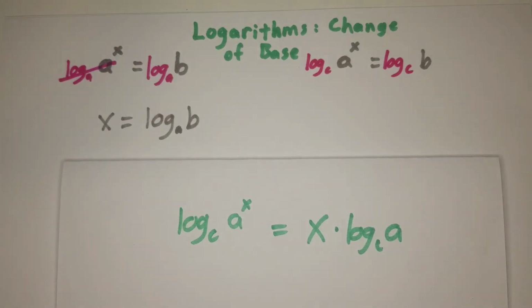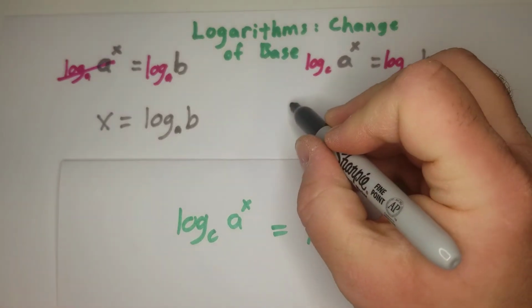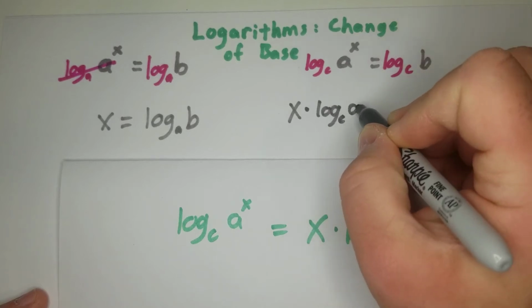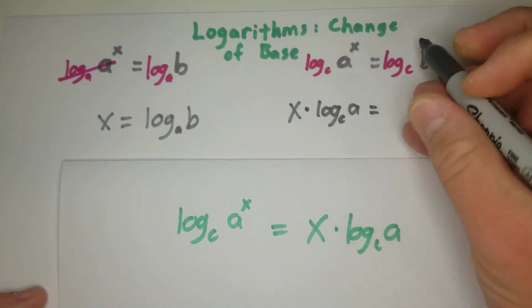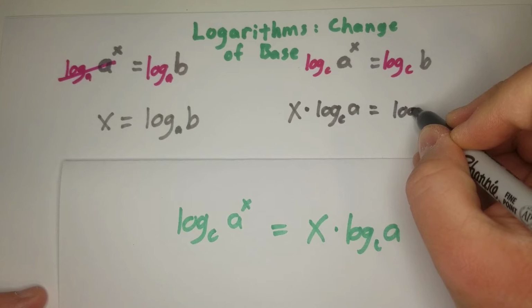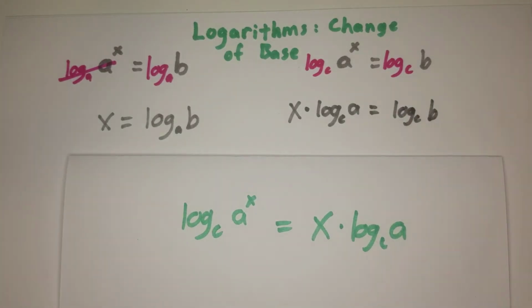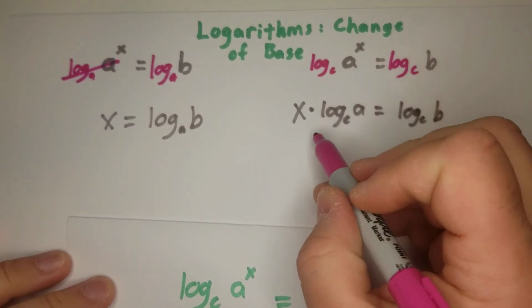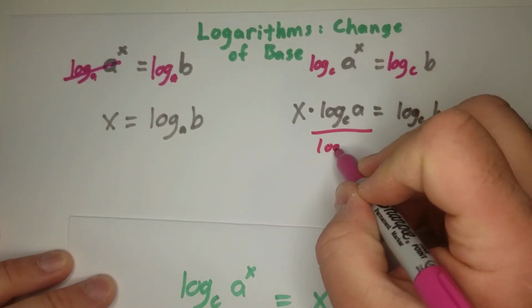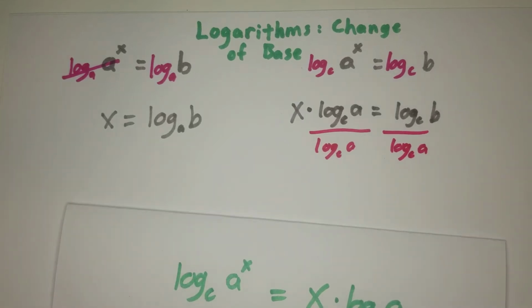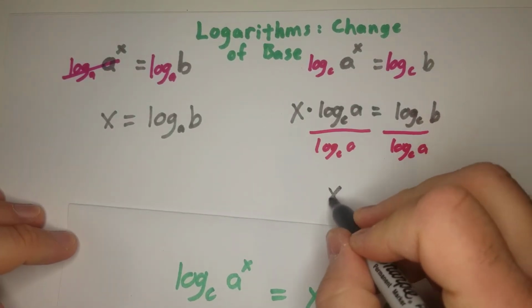So we're going to use that little trick to say that this side of the equation is going to be x times log base c of a, and it will equal on this side log base c of b. We're going to divide both sides by log base c of a to leave x alone on the left.